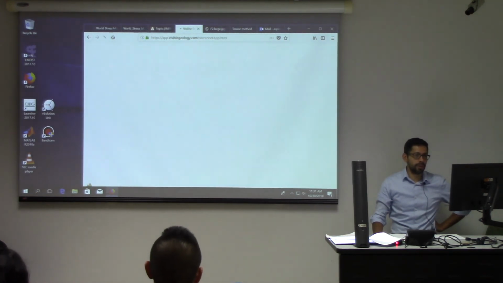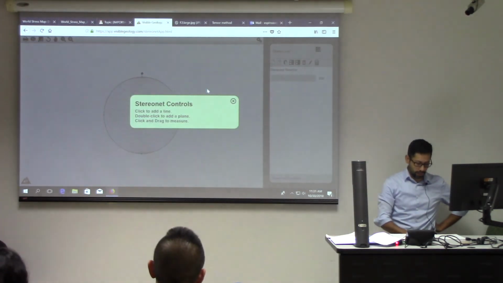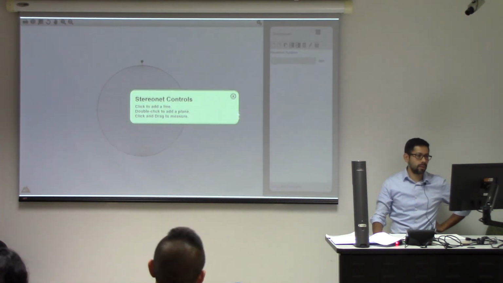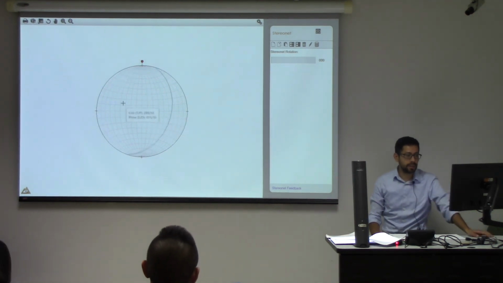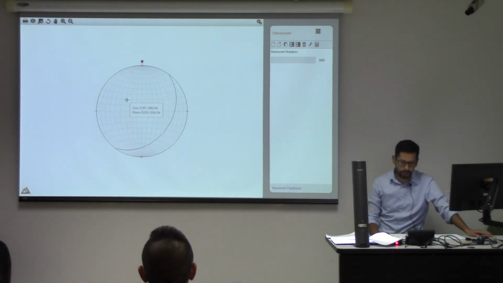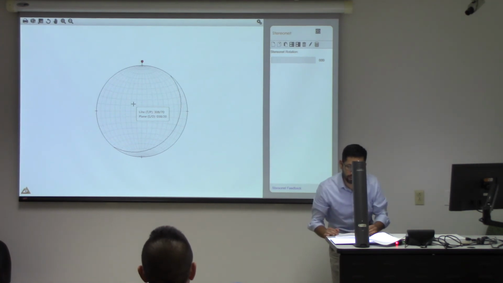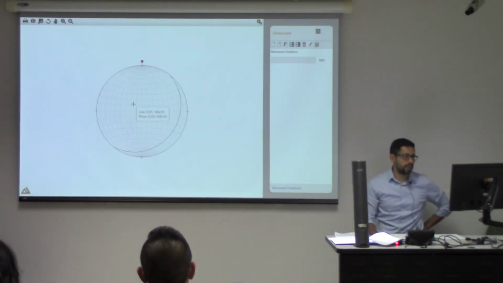So, you go here, and in this case, we said this is a plane that was, what was it? 55 degrees strike, 45 degrees southeast, right?